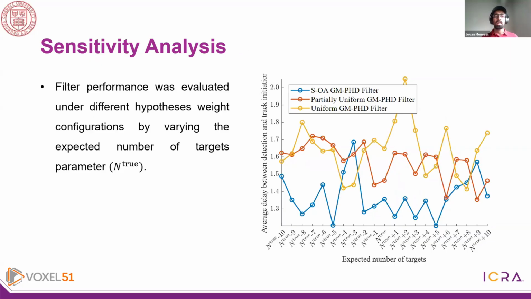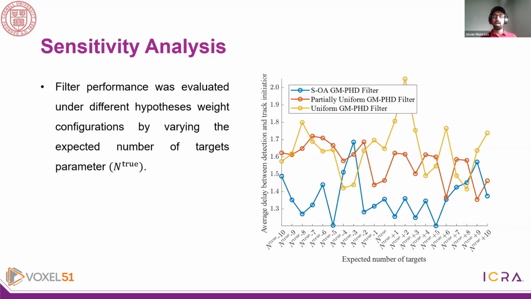We also evaluate our method for sensitivity to different parameters or sensitivity to parameter tuning. And essentially here we evaluate how we define the expected number of targets at each time step, because this might not be available in all scenarios.